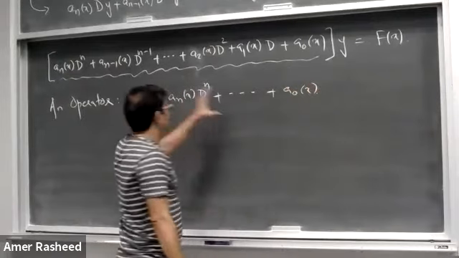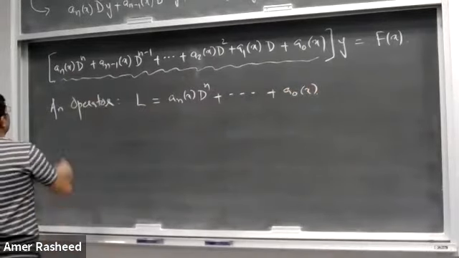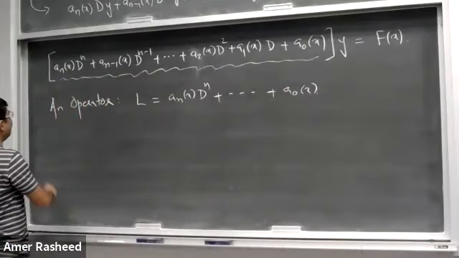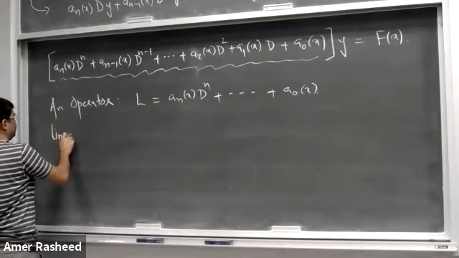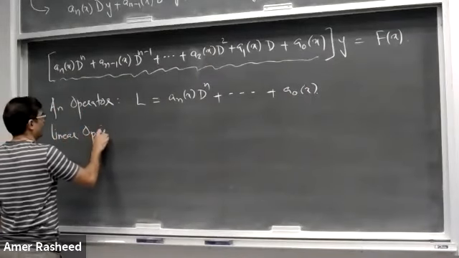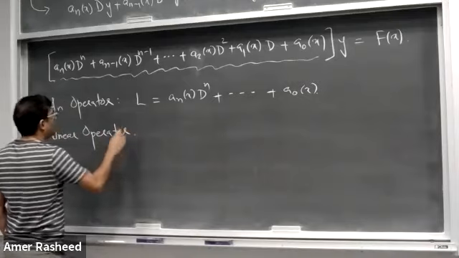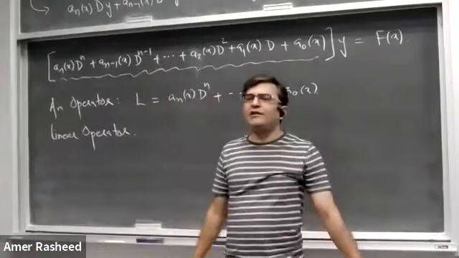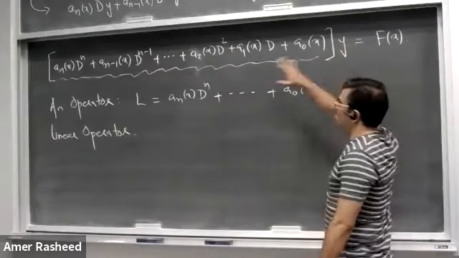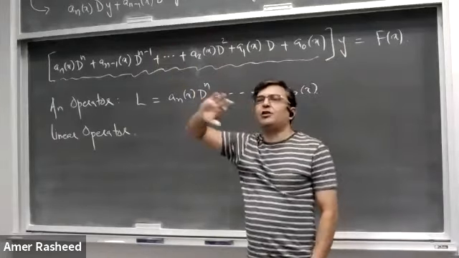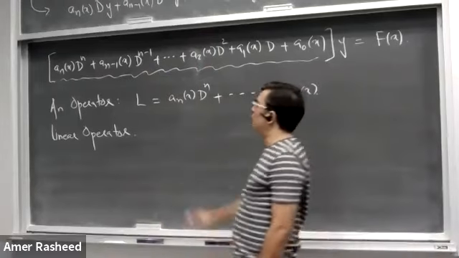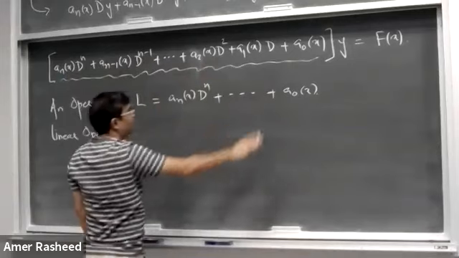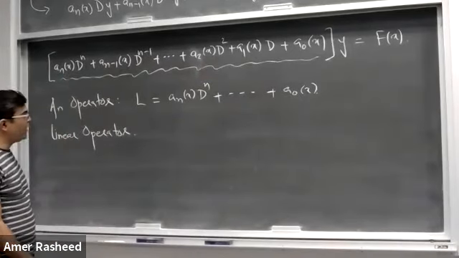Because this whole thing is linear, that is why we call it a linear operator. If there are non-linearities here, then we cannot just take y common from each term. So non-linear operators are defined differently; this is how we can only define linear operators.